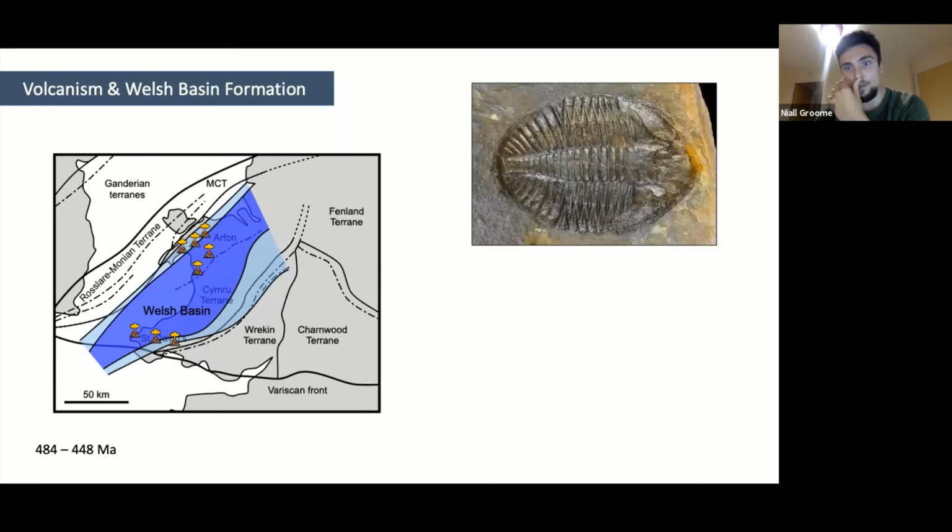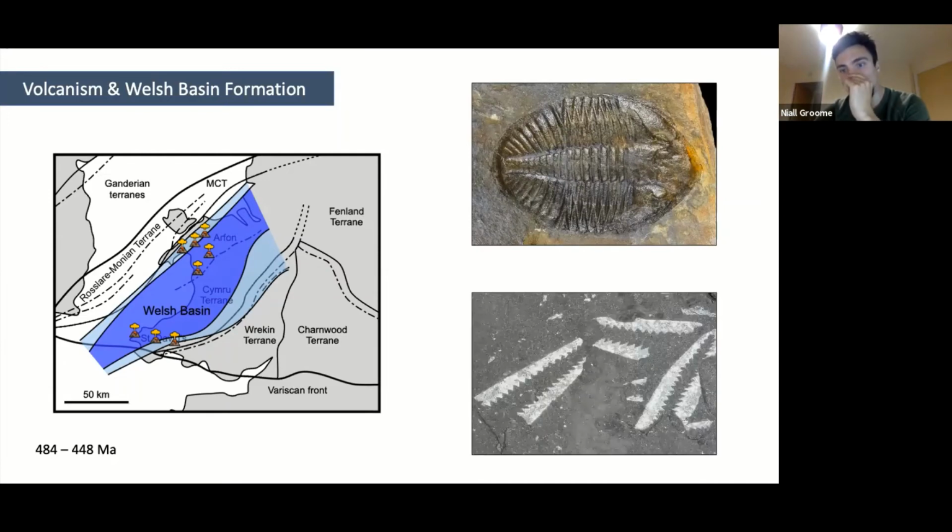So trilobites and graptolites, for example, provide a really good record of how this basin is evolving during this rift episode, as the Avalonian arc is pushing forward across the Iapetus Ocean, and the Iapetus Ocean is subsequently closing.